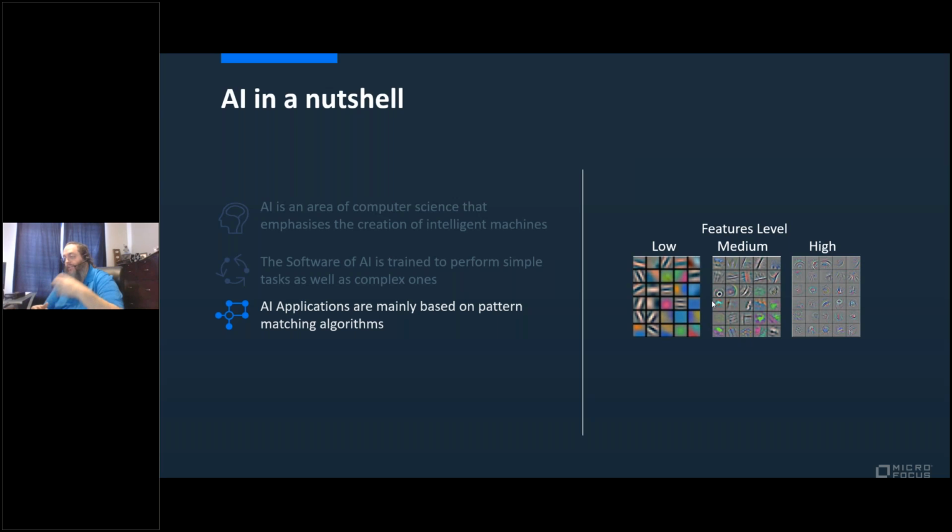AI is based on pattern matching algorithms to give you results, right? So this might be the images that we're looking at, and you or I might be able to recognize, well, that kind of looks like a crane, and this one kind of looks like a road, and this one looks like a rainbow. Well, what the AI is actually doing is looking at a very low res version of that and then recognizing the patterns in order to come up with an output.